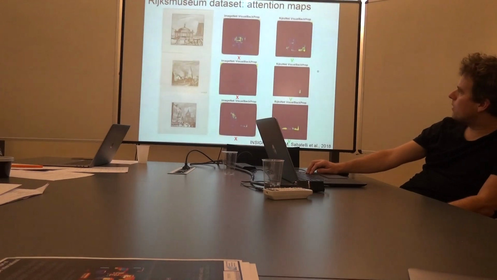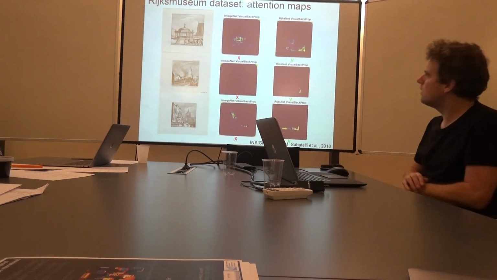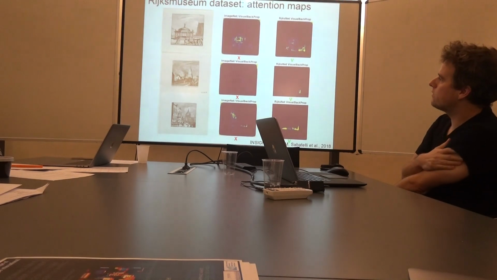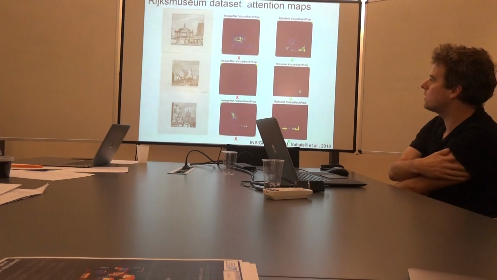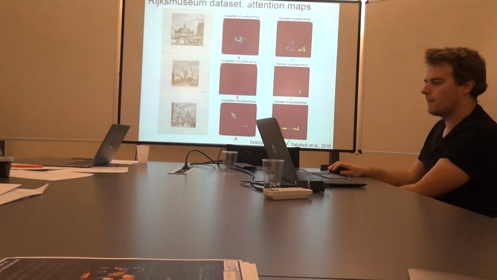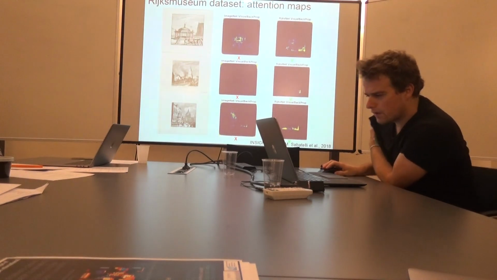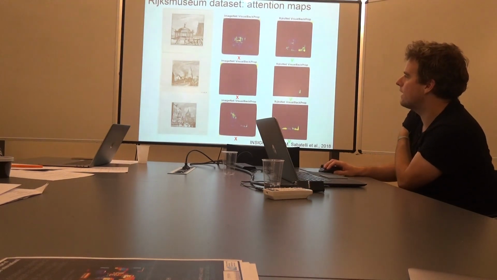But beyond recognition rates and accuracies, what Mattia started to do is to analyze how these models recognize the images, which parts of the images contribute to the correct recognition. I don't remember exactly the details, and I'm not able to recognize the artist here, but the task is to recognize the artist.